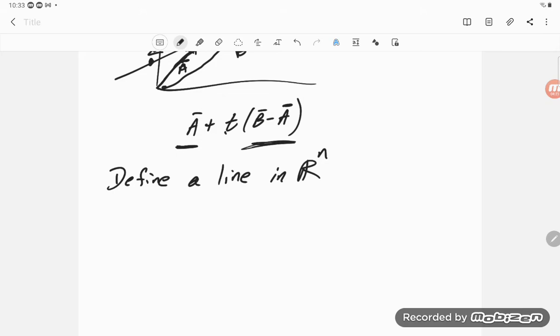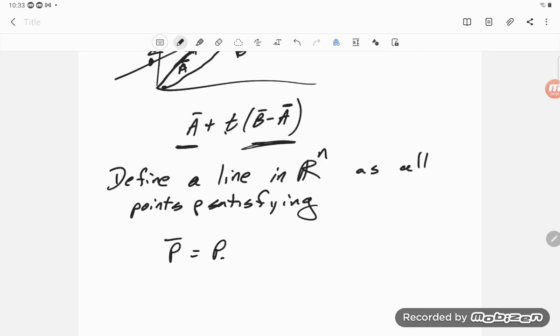We're just really interested in R3 in this chapter, but define a line in Rn as all points P satisfying, and now we're going to switch to the position vector notation, that their position vector is equal to some initial position vector plus t times some direction vector x, where t is any real number, so all multiples of that direction vector. Okay, so that is a line.